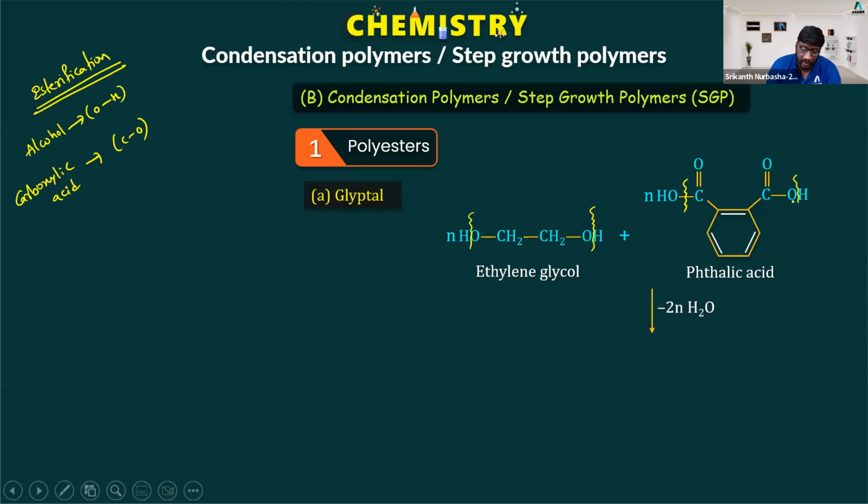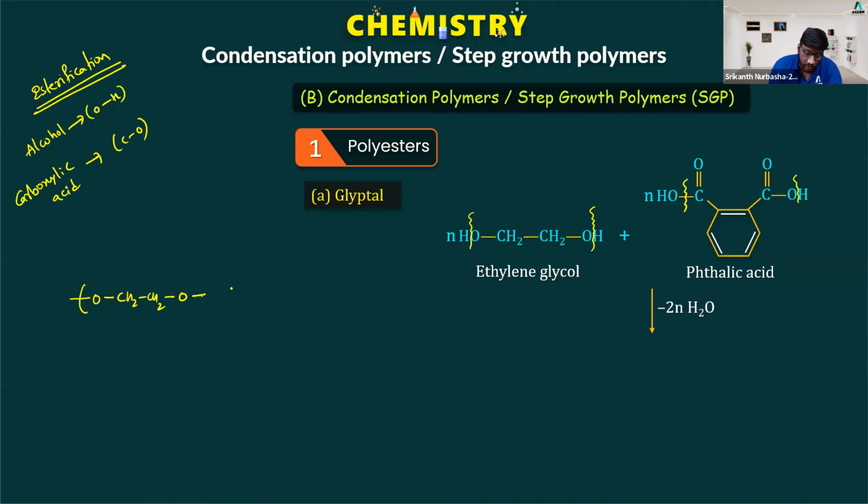So if I try to write the respective polymer, I have to write the oxygen connected to other groups, because the OH bond is cleaved, connected to CH2, the oxygen of ethylene glycol, and the other oxygen.